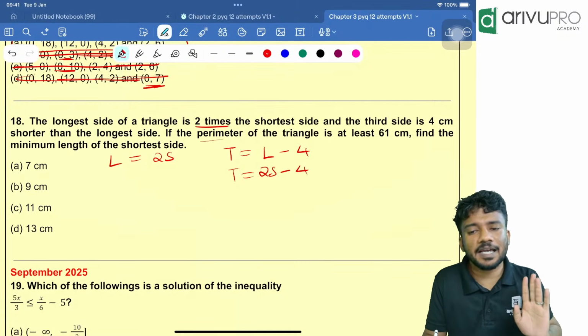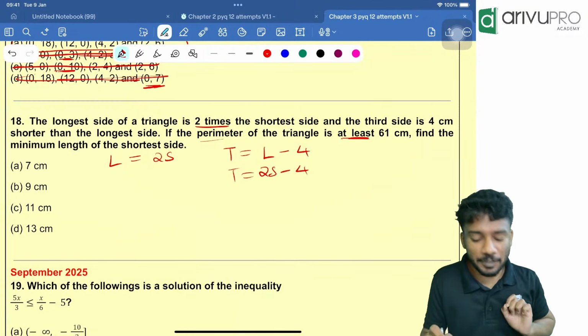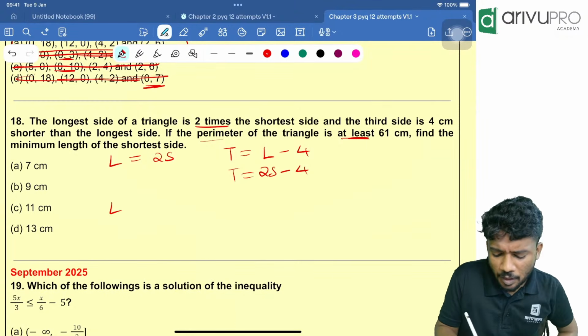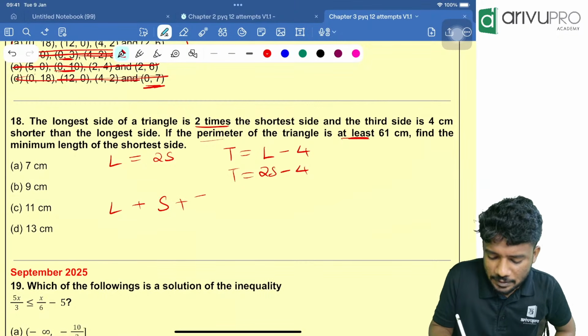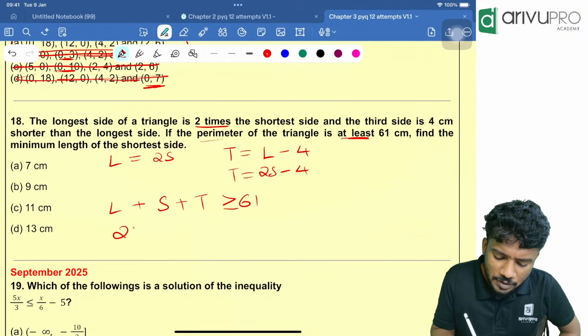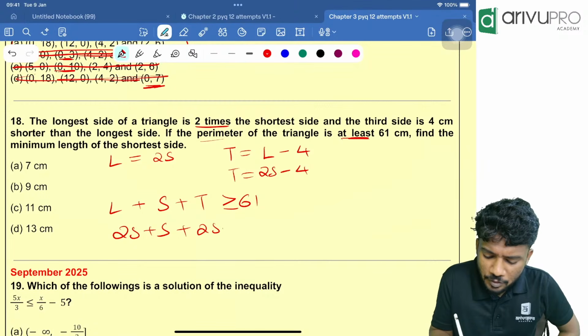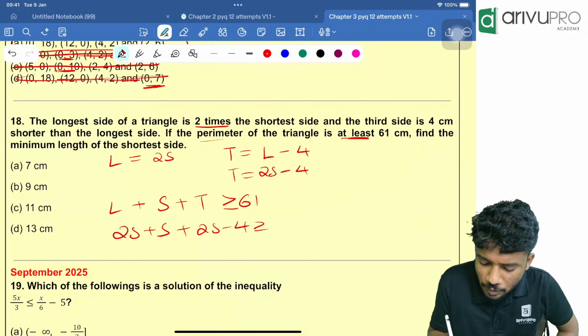Then what is given? The perimeter of the triangle is at least, meaning greater than or equal to 61. Perimeter means the longest plus shortest plus the third side should be greater than or equal to 61. Longest is 2s, shortest is s, T is 2s minus 4, greater than or equal to 61.